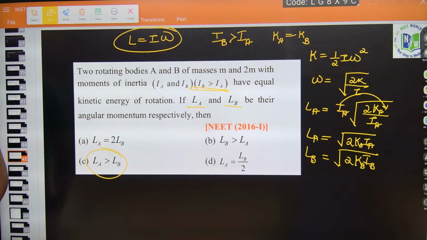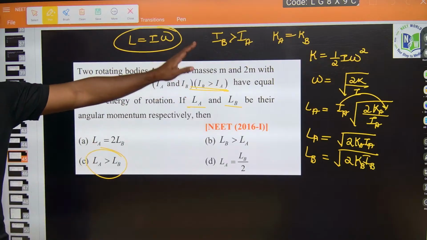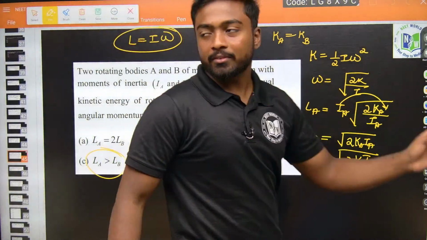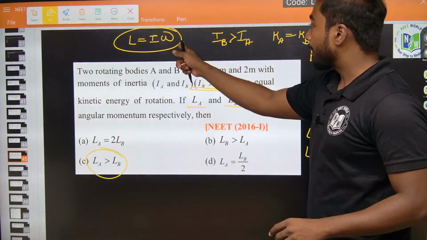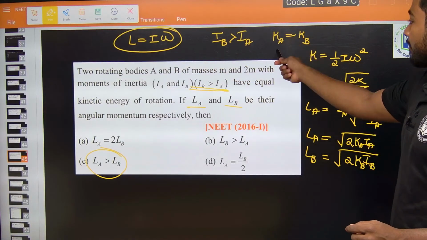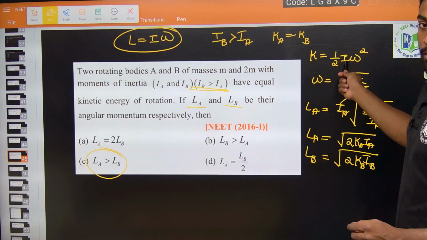Can I go for the next question? Yeah, you can solve one sum. So this is the relation we got. The formula we have learned here is angular momentum is equals to I into omega. One more thing is kinetic energy, that is half I omega square.